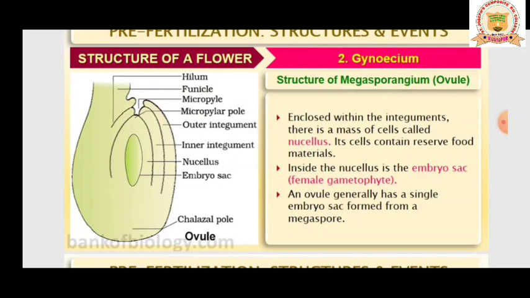Inside the nucellus is the embryo sac, which is the female gametophyte. An ovule generally has a single embryo sac formed from a megaspore.